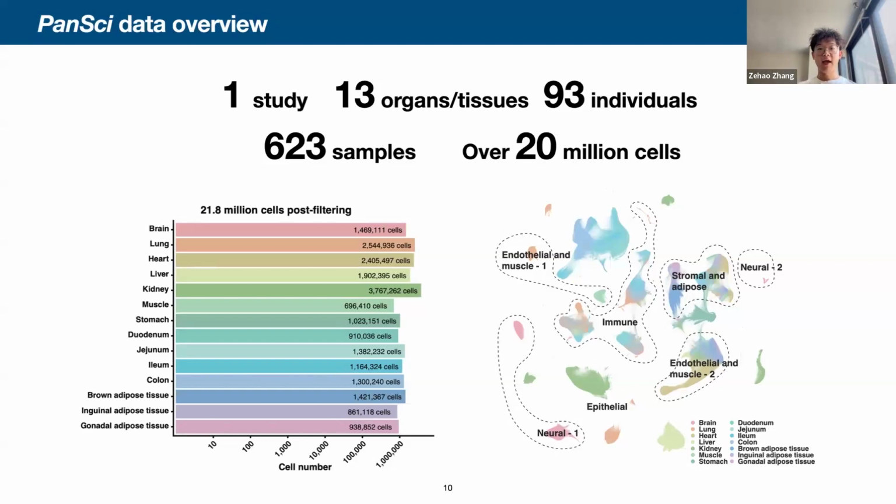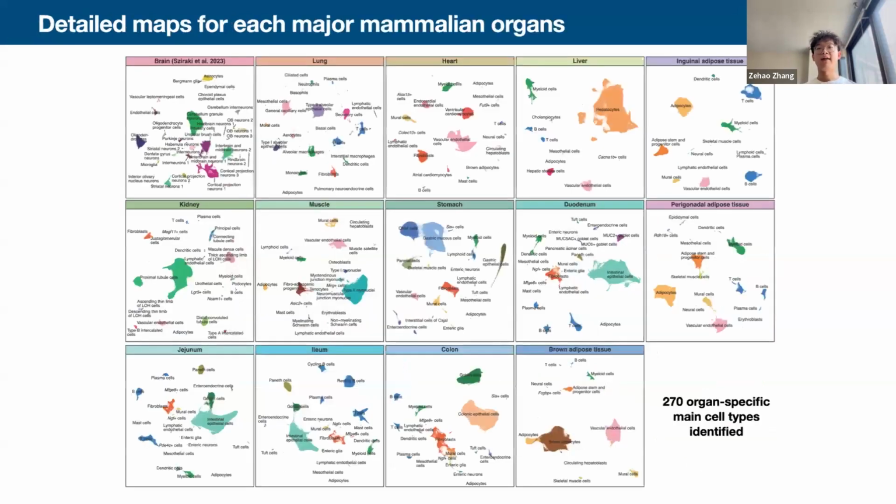More than that, with this data set, for the first time, we can annotate the main cell types not at the full dataset level, but at each individual organ level. And after manual annotation and cross-validation, we annotated over 200 main cell types across different main organs.